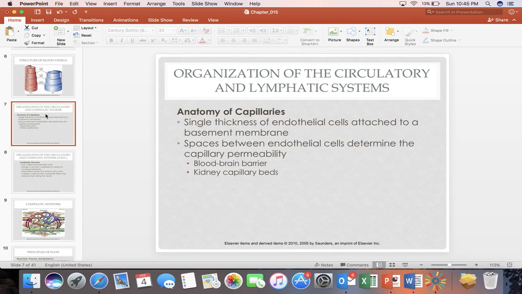In the capillary, there's a single thickness of endothelial cells attached to a basement membrane, and spaces between endothelial cells determine the capillary permeability. That also causes the blood-brain barrier and also the capillary kidney beds.